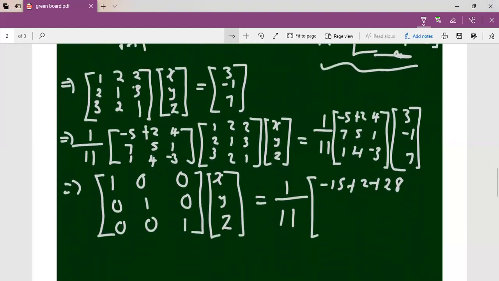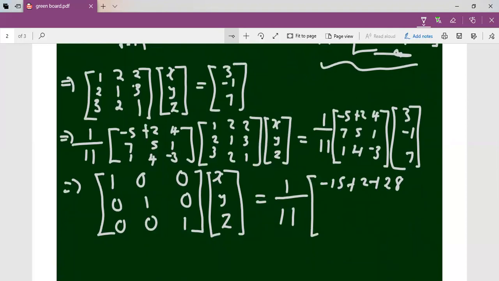So here it's going to change. It's going to be positive 2 by negative 1, negative 2, plus 28. Then 7 by 3 is 21, plus 5 by 1. I'm just trying to make sure that the signs are correct.